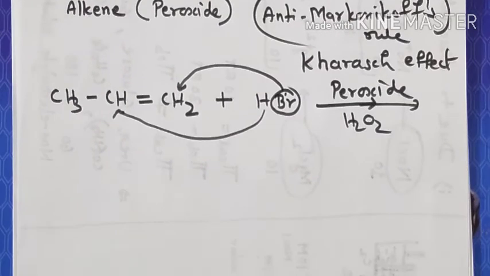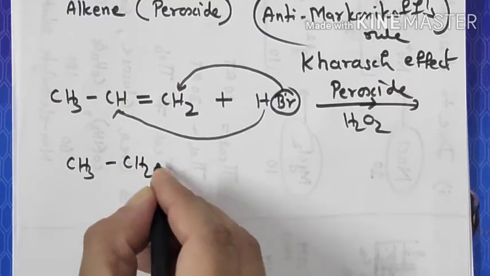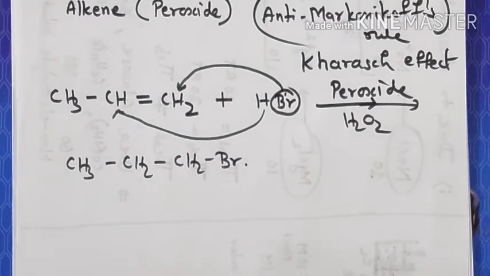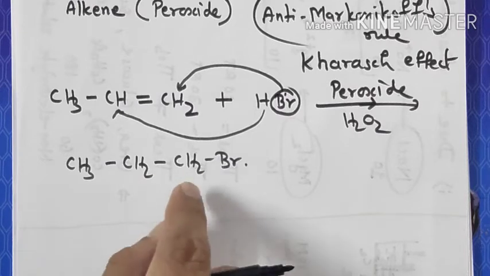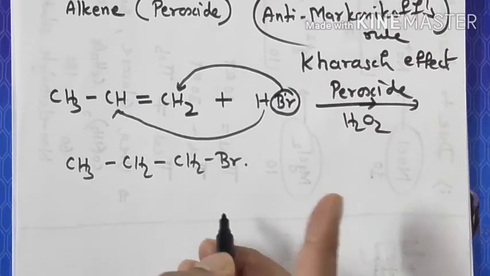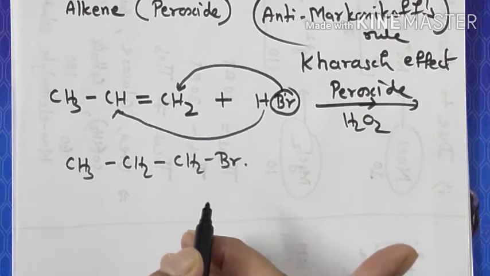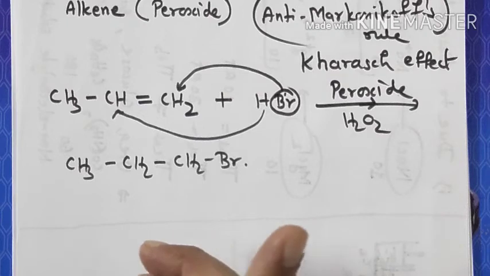So the product will be CH3CH2CH2Br. And student, a very important point: this formed n-alkyl bromide. This is n-alkyl bromide, right? And in Markovnikov rule, we got isoalkyl bromide, and that's the difference.